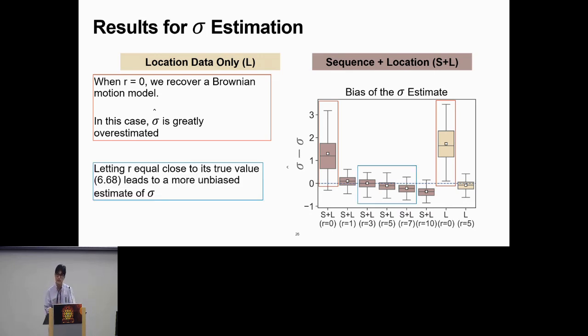Furthermore, we tried varying the radius parameter, and we saw that letting it equal close to its true value led to a more unbiased estimate of sigma. That gives some confidence that our model is capturing true biology and it's not just a random coincidence that we observe lower sigmas. Finally, we observed that we're robust to different radius amounts, and any reasonable choice for the radius seems to give you a better estimate of sigma than the original Brownian motion version.